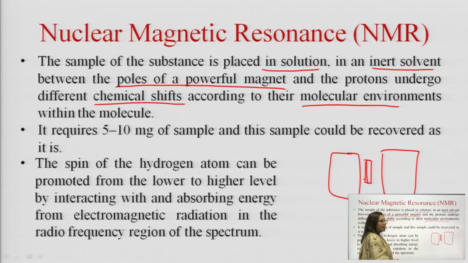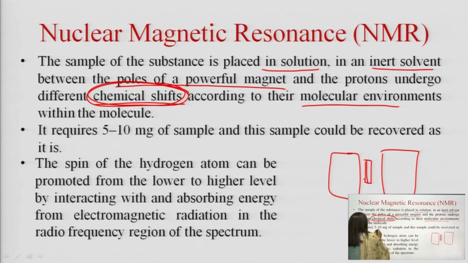In the nuclear magnetic resonance technique, we are trying to see the chemical shifts on exposure to electromagnetic radiation in the presence of two magnets, and the type of chemical shift will allow us to determine the molecular environment.